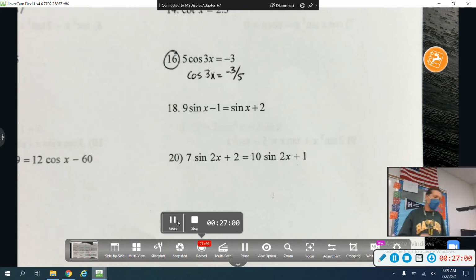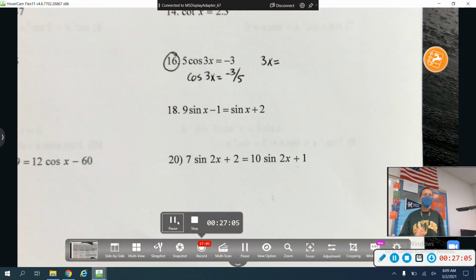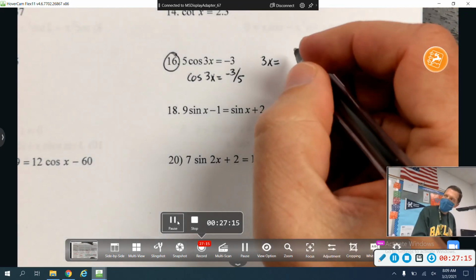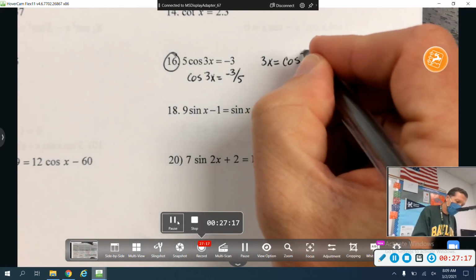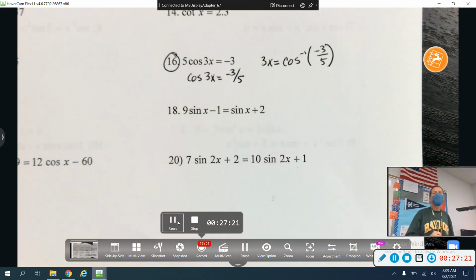So how do I get my first answer? 3x will equal what? Again, I got a calculator, so how do I make the calculator give me my answer? Well, you guys are all typing something in, so I assume that's what you're typing in.